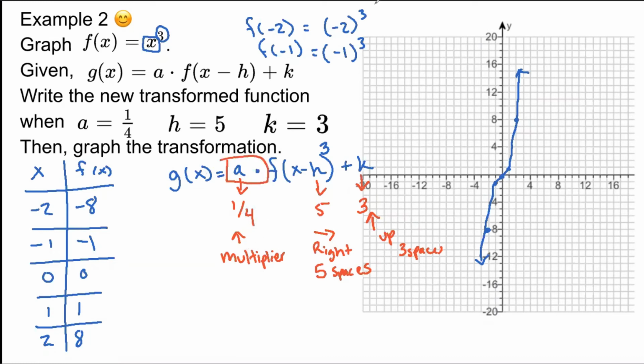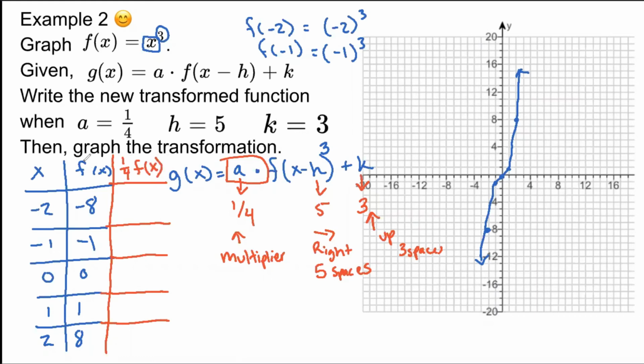So let's go ahead and apply that next function. Let me do it in red. So we're going to do that 1/4 f of x.